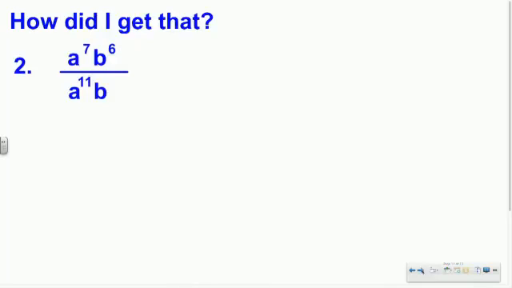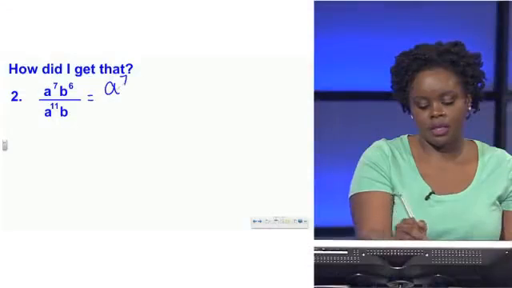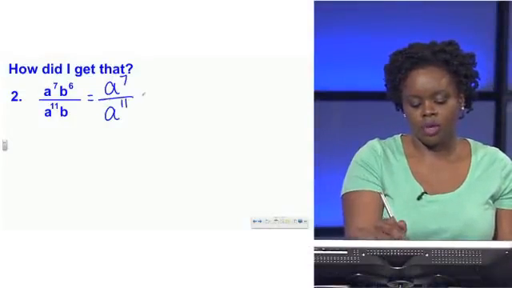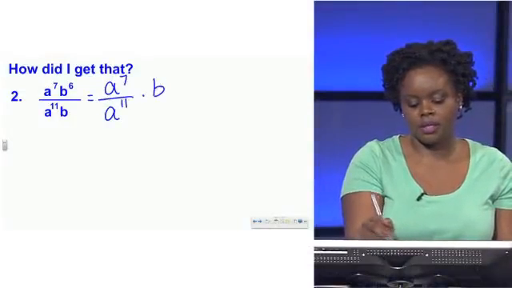Here we go. All right, so I had a to the 7th, b to the 6th, over a to the 11th, b. So what I did first is I broke this up. I grouped the like things together. So I looked at it as a to the 7th over a to the 11th, multiplied by b to the 6th over b.